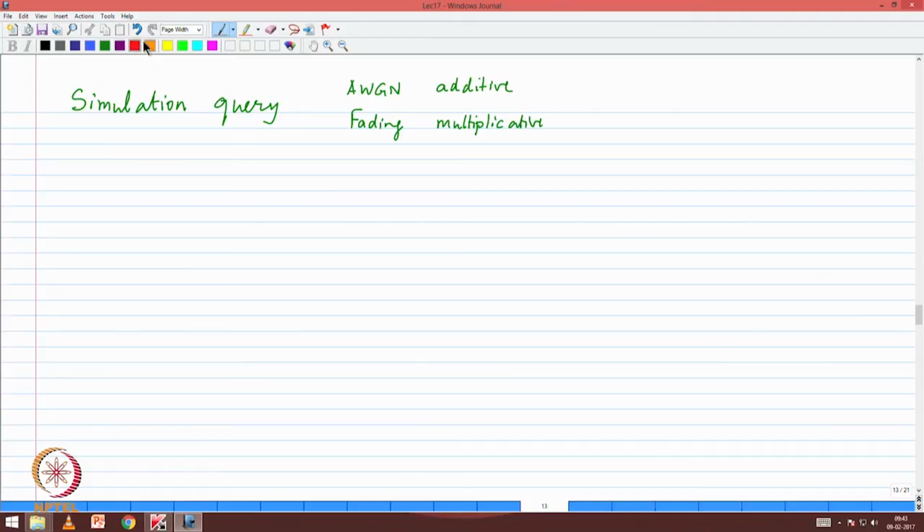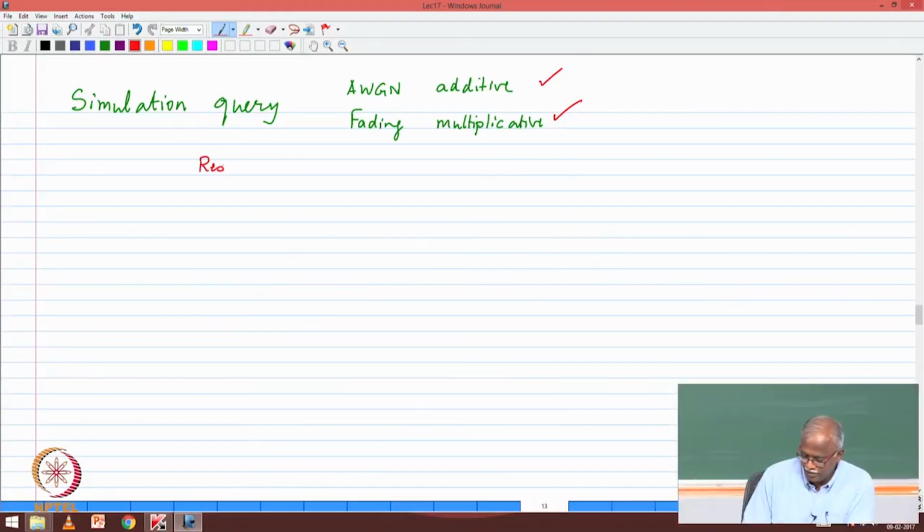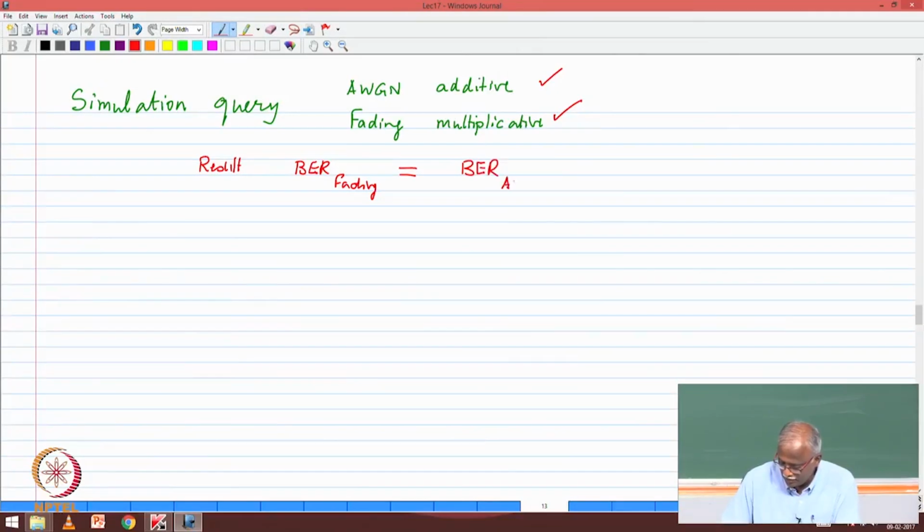And the student said, yes, I did this, and the result is that BER in fading is equal to BER in AWGN. The student says, I've checked it, 100% sure I have implemented fading, I have implemented AWGN, there is no difference in the BER.